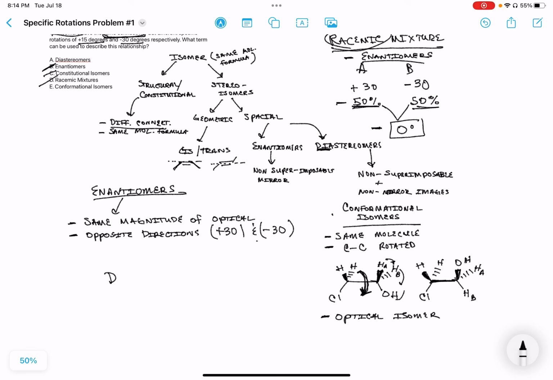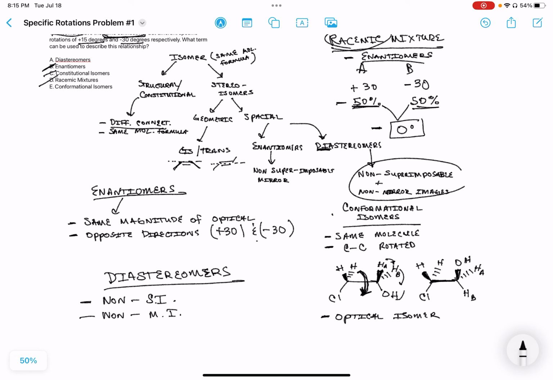Diastereomers, lastly, we said were non-superimposable, non-mirror images.